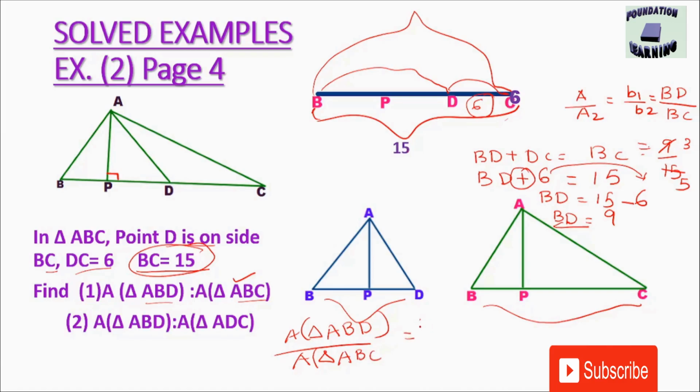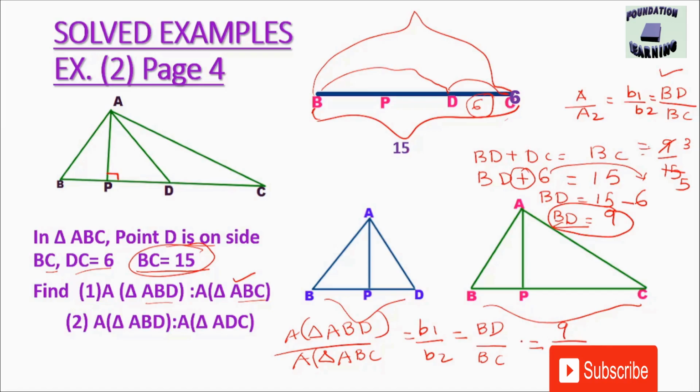So we are using B1 upon B2, which is equal to... what is B1? B1 is BD. I have already written B1 is BD and B2 is BC. How much is BD? BD is 9.